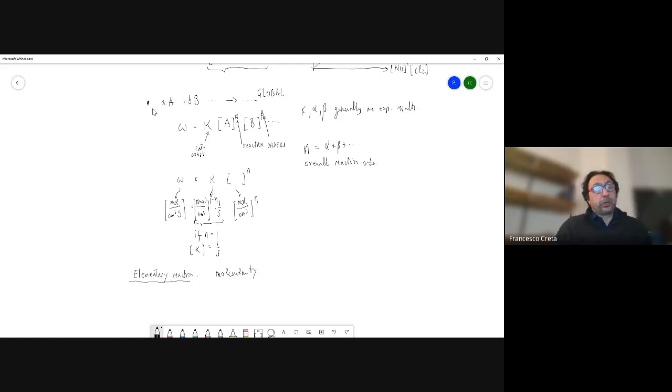We took a look at the units. This is quite important to understand. The units of the rate constant change depending on the overall reaction order. Interestingly, if the reaction order is 1, then this rate constant acquires the meaning of 1 over time, so it's a time constant. It is indicative of a time scale of the process, but only when the reaction order is 1. Otherwise you have these complex units.